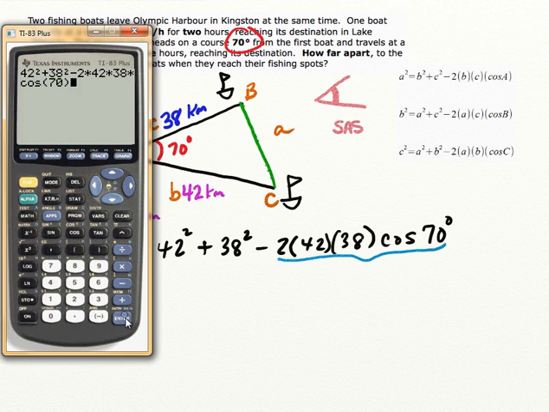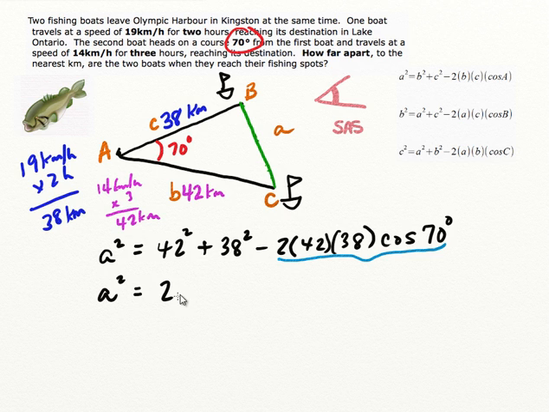And that equals 2116.27. So a squared equals 2116.27. Now, that's a squared. That isn't the value of a.